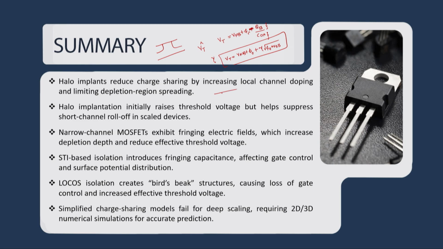We need to create some local doping near the source and drain with a higher doping concentration, that is P plus. This will help us reduce the depletion region spreading in the channel, and hence reduces the charge sharing effect. We have also discussed the STI process and LOCOS process, and how these processes cause the charge sharing effect.